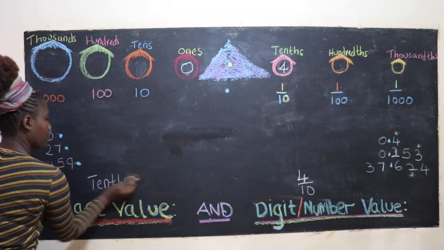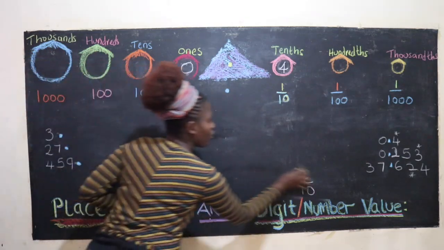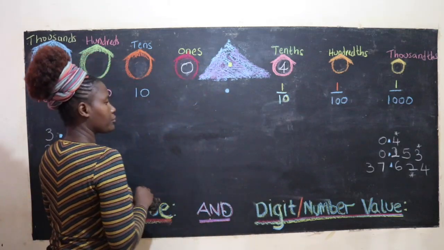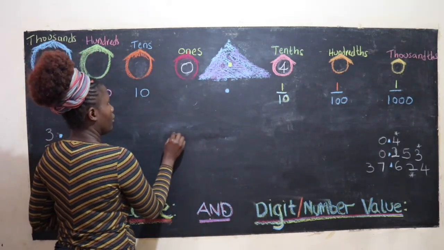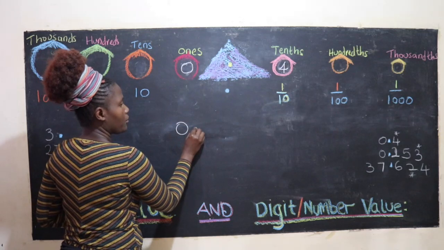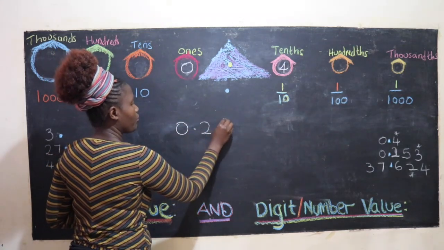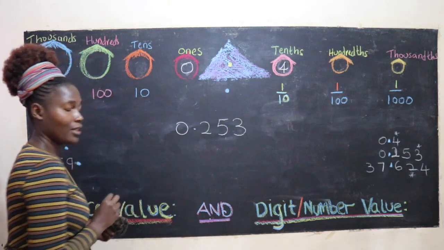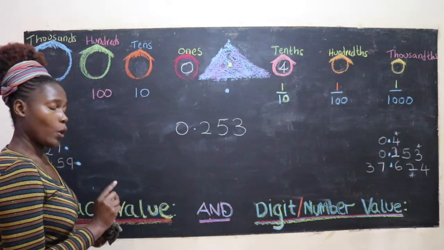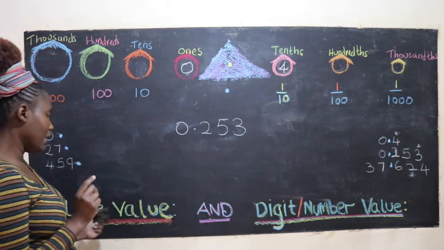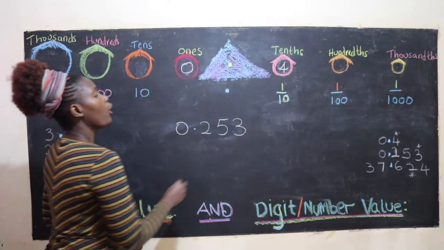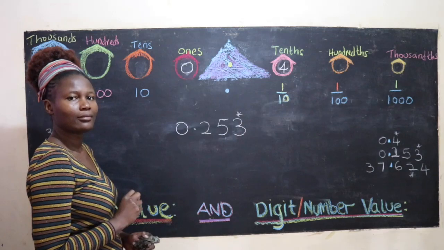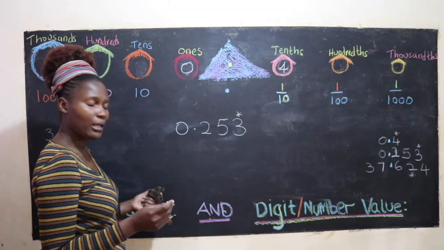What if we have a number like this? 0.253. And you're asked, what is the place value of digit 3? Still we apply.